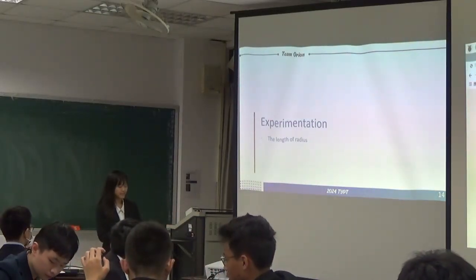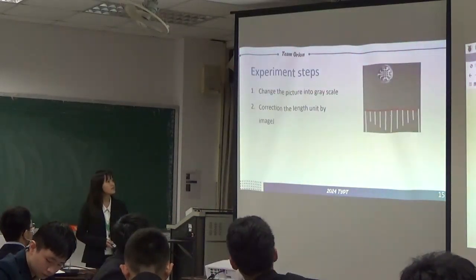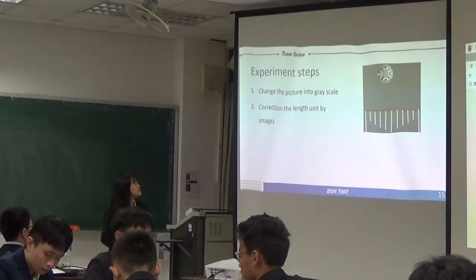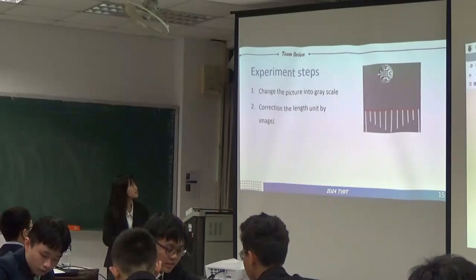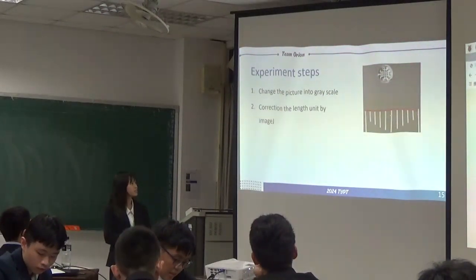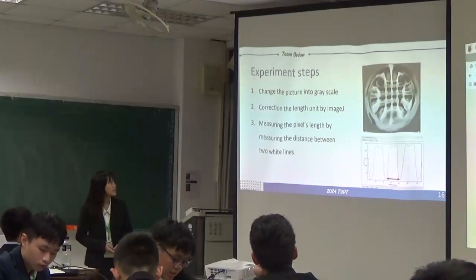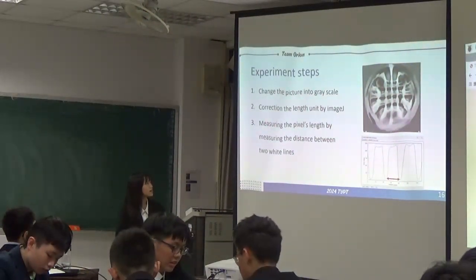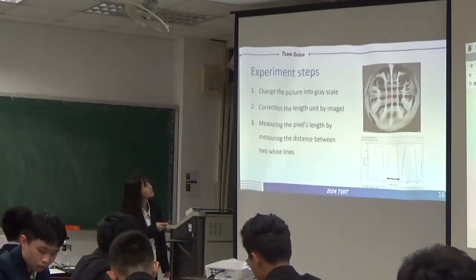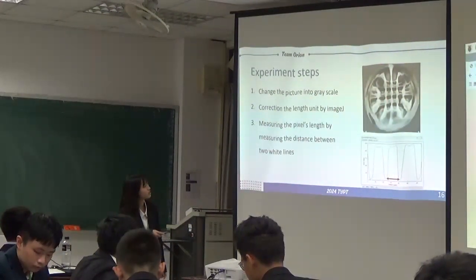And about the experimentation, we firstly drop water on the iPad. Then we change the picture into grayscale, and we correct the length units by ImageJ. Then we measure the pixel's length by measuring the distance between two white lines, which makes a pixel, like this.